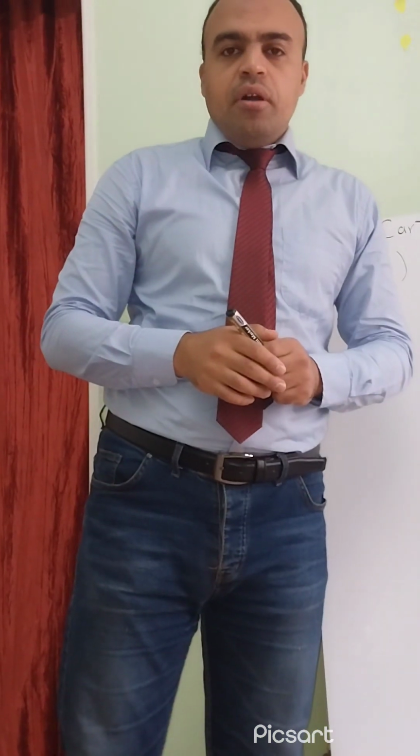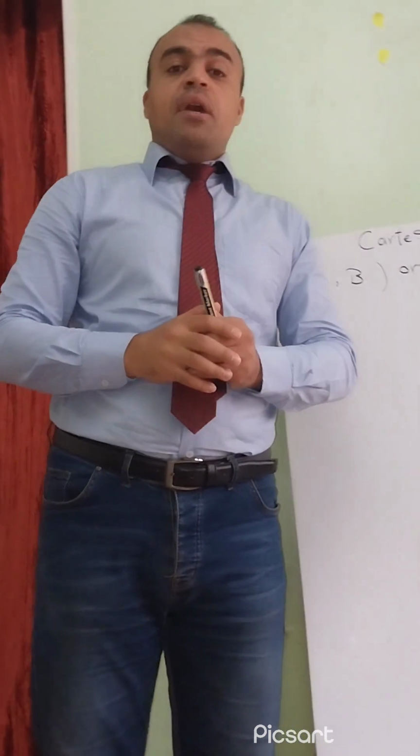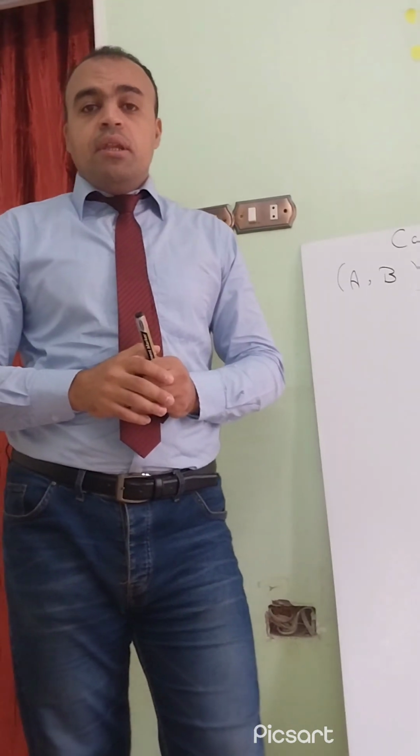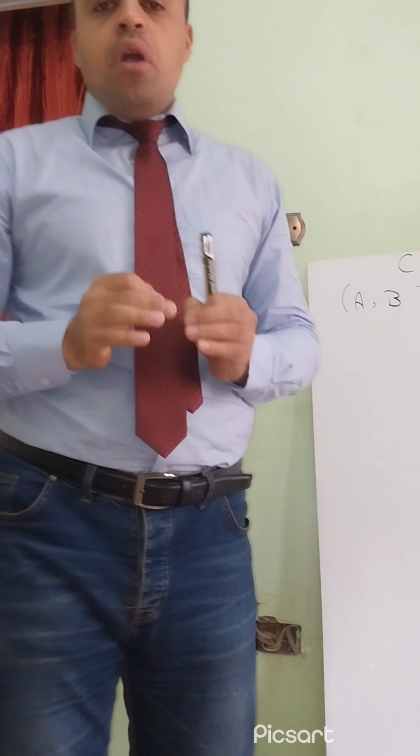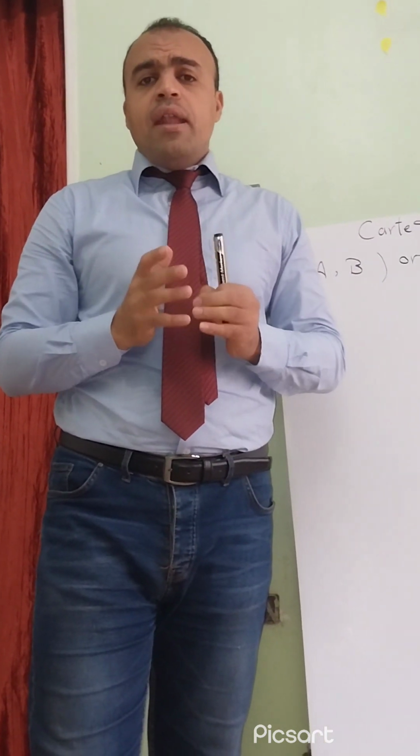لما نيجي نتكلم النهارده على جزئية مهمة جدا، وهو إزاي بنعمل equality of two ordered pairs. If I have two ordered pairs that are equal, how can I get the equality?